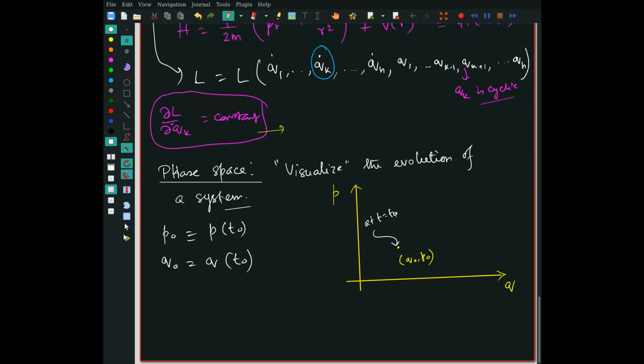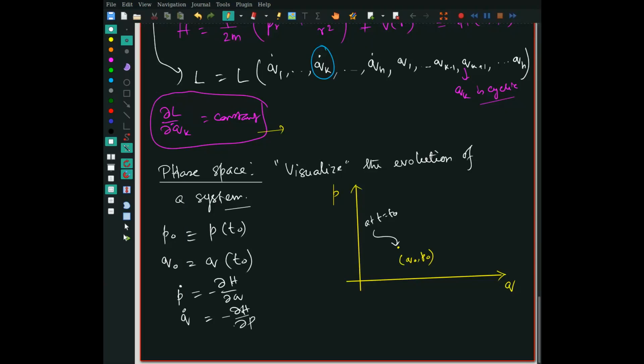And the whole point of Hamilton's equation is that it describes the time evolution of this point. Remember, this p and q will evolve according to p dot equals minus del H del q, and q dot equals plus del H del p.